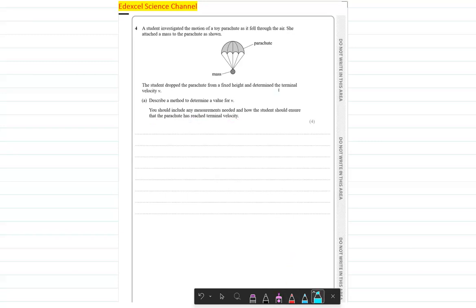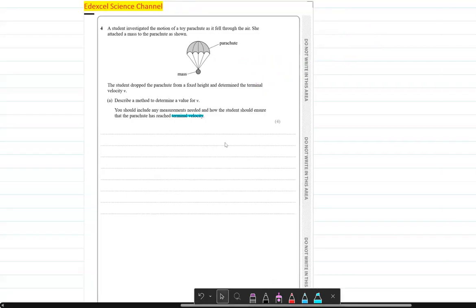Now, guys, what is terminal velocity? Terminal velocity is the constant velocity reached by an object in motion when all the resultant force on it adds up to zero. So there is no resultant force, so acceleration becomes zero, so velocity becomes constant, right?